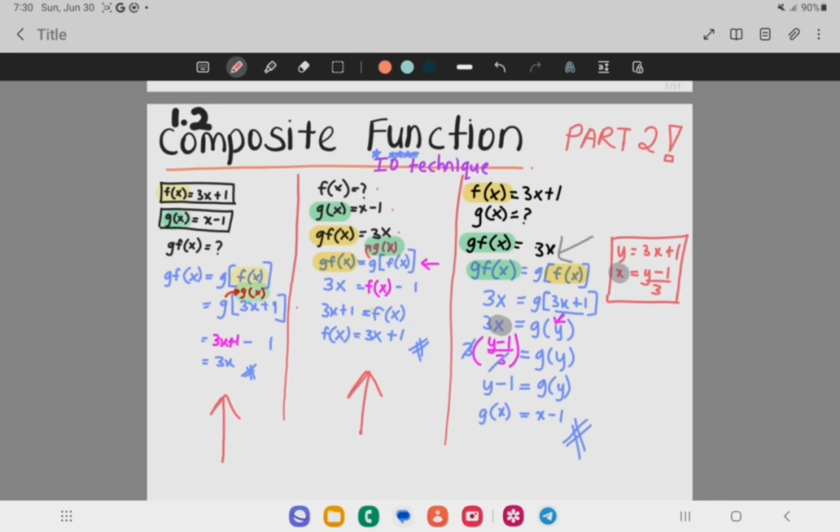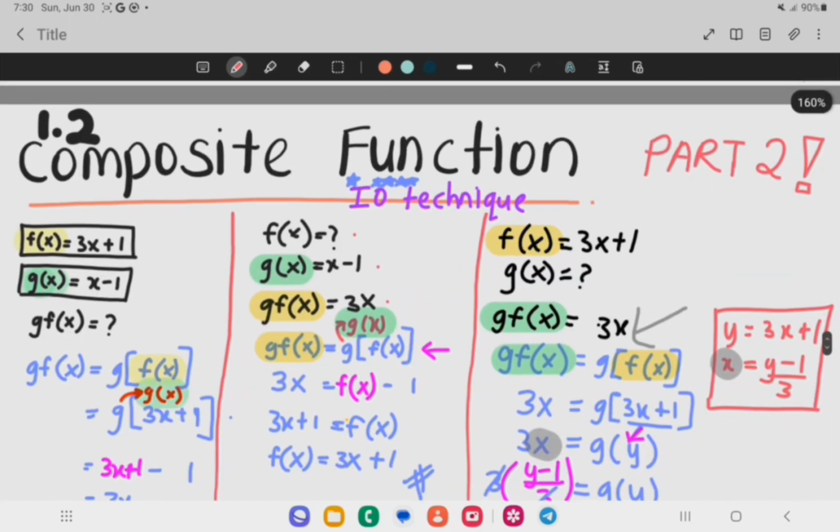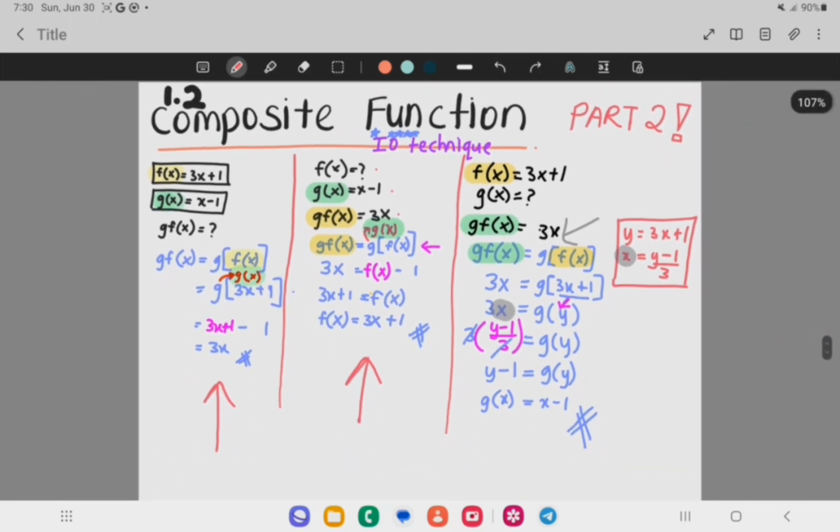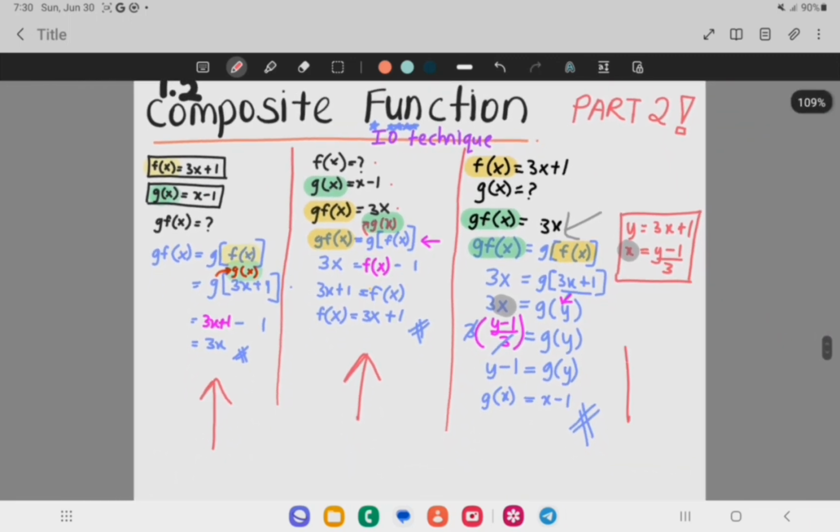So how to find? Use the inside outside technique, IO technique. Determine whether the function that you're supposed to find, which is fx, is located inside or outside. If it's inside, then it's easier for you. If it's outside, then you have to use the inverse function method.